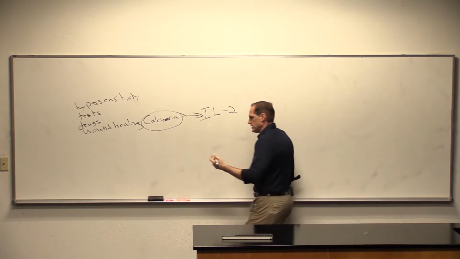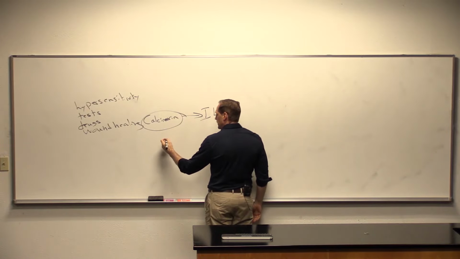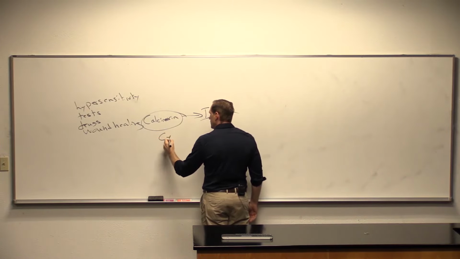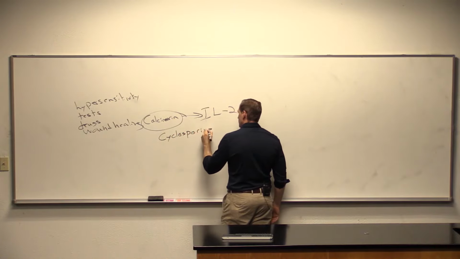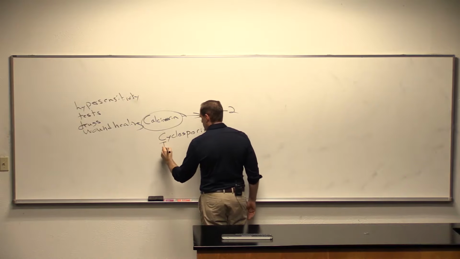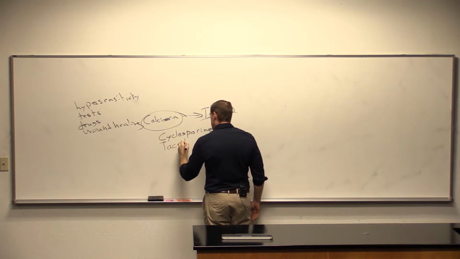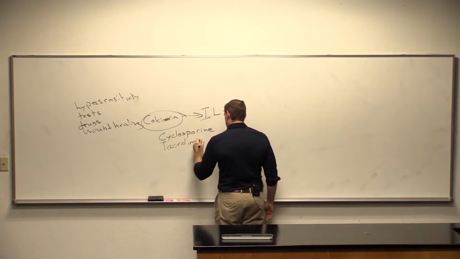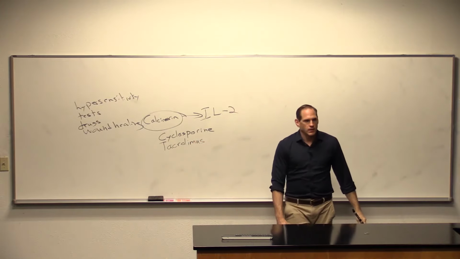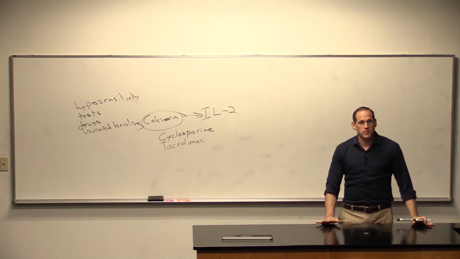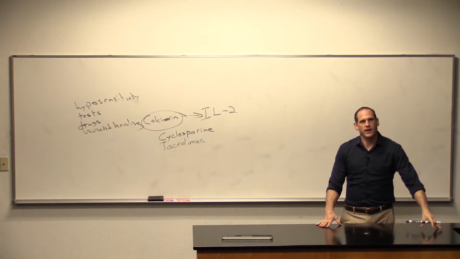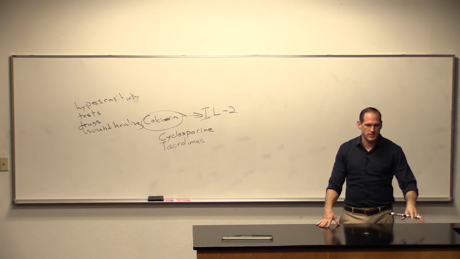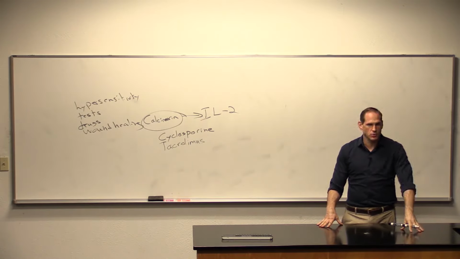The two drugs that you need to know that do that, the first one is the older drug, called cyclosporin. And the newer drug, which is still 20 years old at this point, is called tacrolimus. So these drugs are primarily used to treat or prevent transplant rejection, and also used to treat autoimmune diseases.